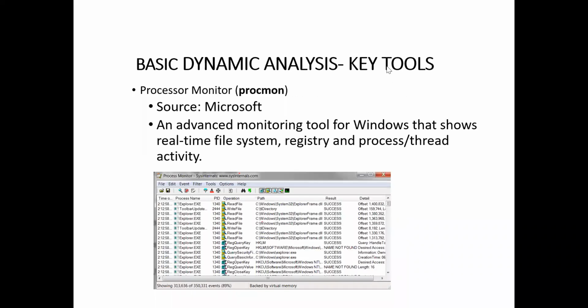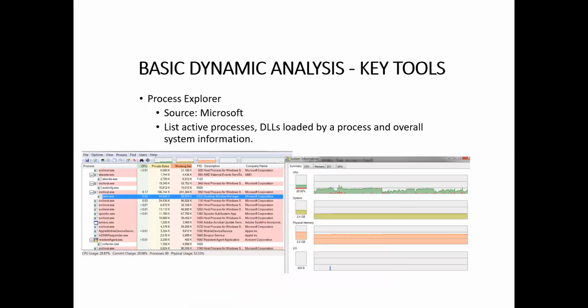Then of course you find the different key tools that you need to use. For example, process monitors. If it's Microsoft, you need to have some process monitors that show the real-time file systems and the registry analysis. And that's why we use tools like RegShot, as we will shortly see, to help in this dynamic analysis. In these tools, look at some of them.